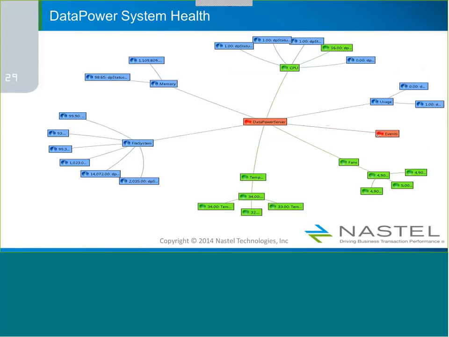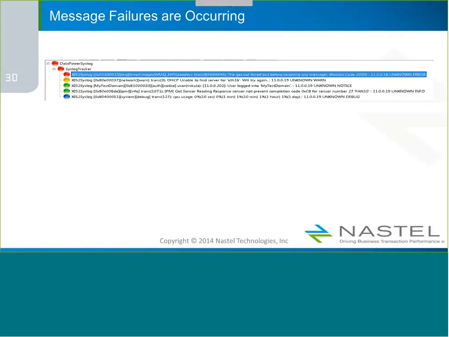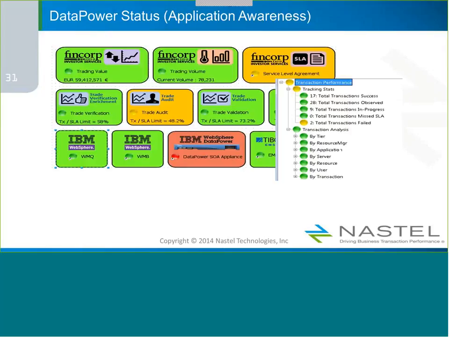Picking up on the alerts, on the different types of problem scenarios that you could have within the DataPower, being able to view that. Drilling down and seeing specific problems within an environment so that you can see what's going on within the DataPower. Again, these are overall things that you want to do.